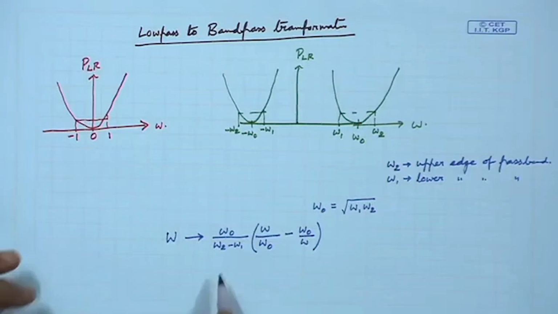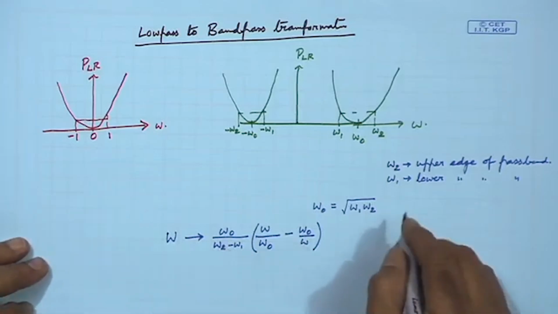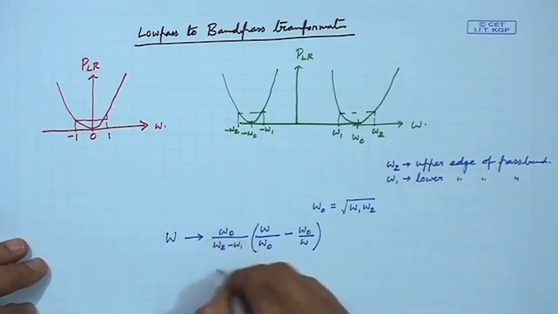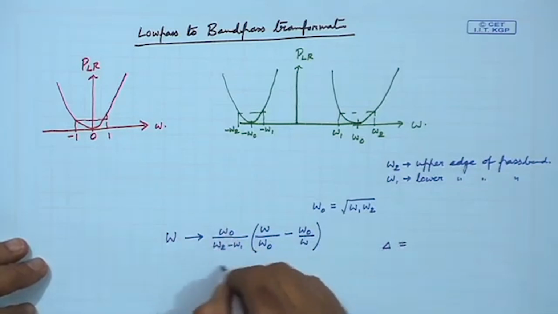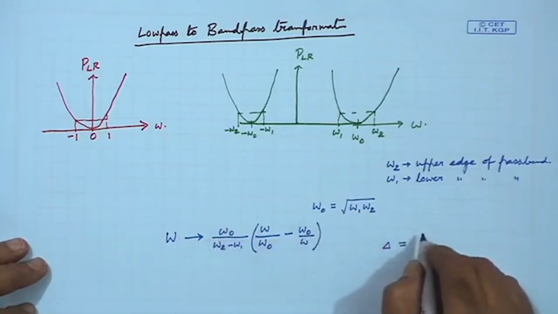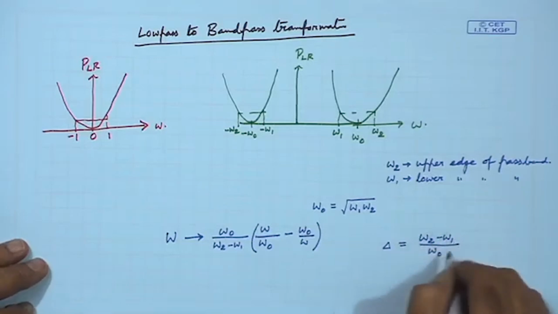Now, we can ask how I got this. Okay, before that let me simplify this bit. Let us call this term delta, because there is no omega term here, it is a constant. So, let me denote it by a constant. Delta is equal to omega 2 minus omega 1 by omega naught. You know what this is?